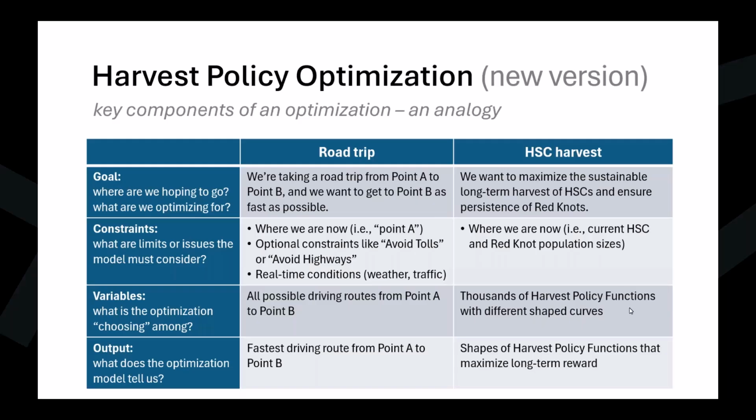And so those could take lots of different shapes, and we want to find the best one. Which one of those harvest policy functions, which we'll see in a moment, it should make more sense, which one of those is going to give us the best long-term outcome, which is governed by the reward function that we looked at, that long-term reward.